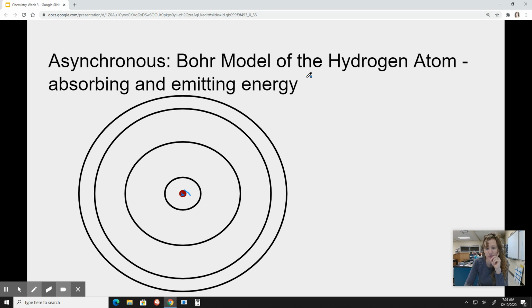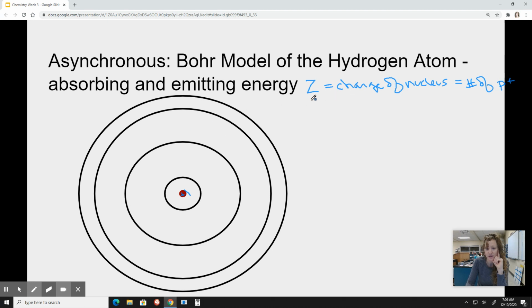Fun fact before we go any farther, if you ever see a Z, Z indicates the charge of the nucleus, which is also equal to the number of protons.